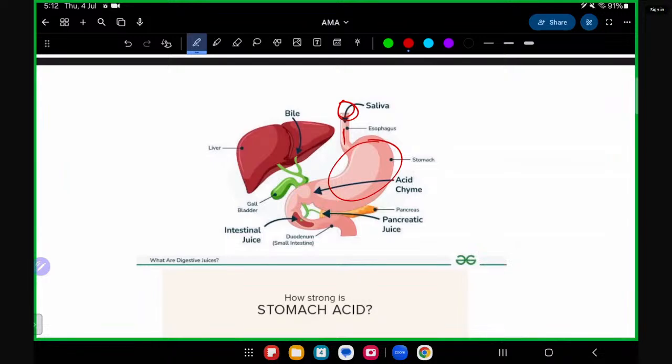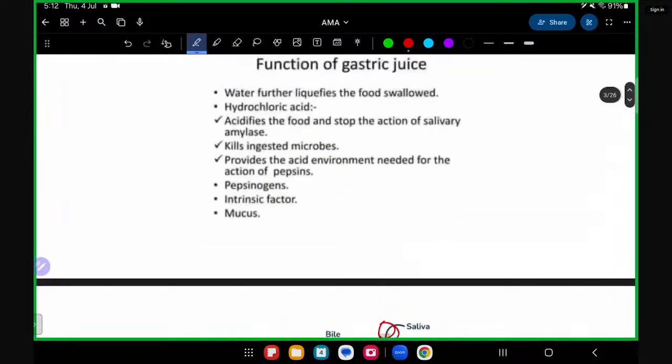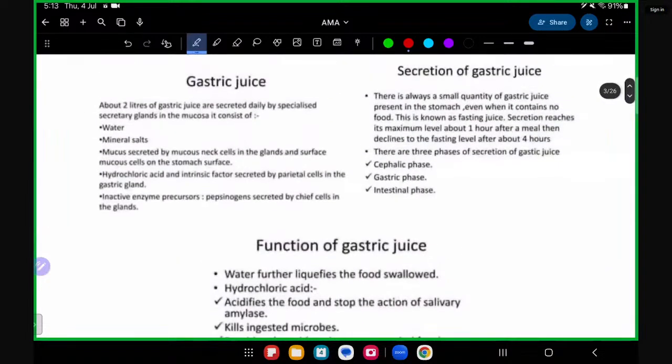What constitutes the gastric juice? About 1 to 1.5 to 2 liters of gastric juice is produced every day in our stomach, and it consists of, first, water; second, mineral salt; third, mucus, which is secreted by mucous neck cells in the gland and the surface mucous cells in the stomach surface.